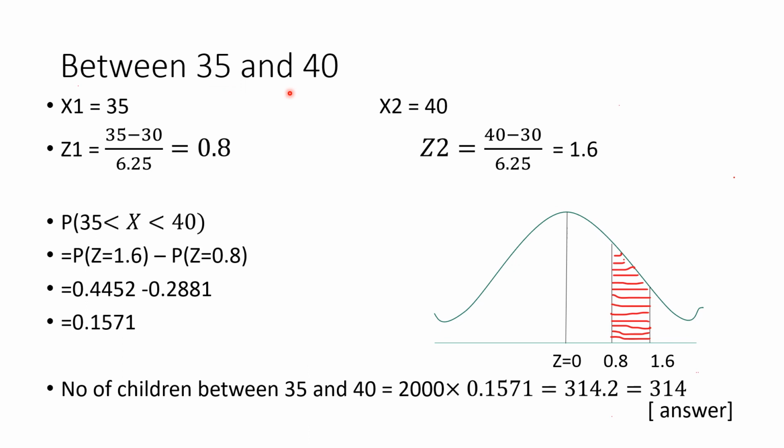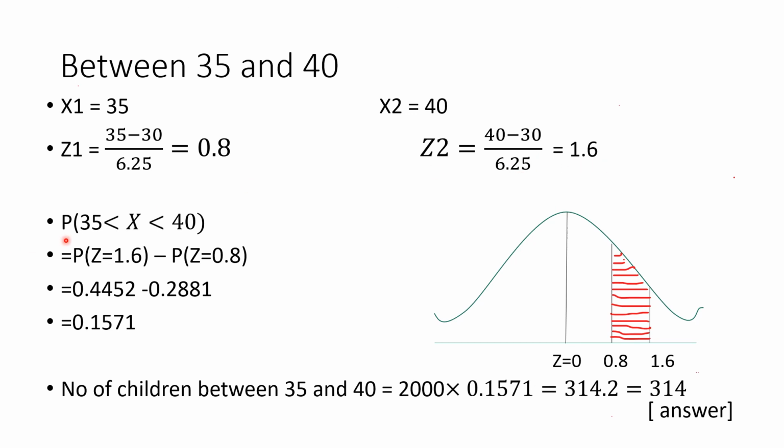and 40. In this case, two values of x are given, x1 considered as 35 and x2 considered as 40. On the same terms, you will find the two values of z. So z1 will be x minus mu upon standard deviation, that is 35 minus 30 upon 6.25, answer is 0.8. x2 being 40, z2 will be 40 minus 30 upon 6.25, this will be 1.6.